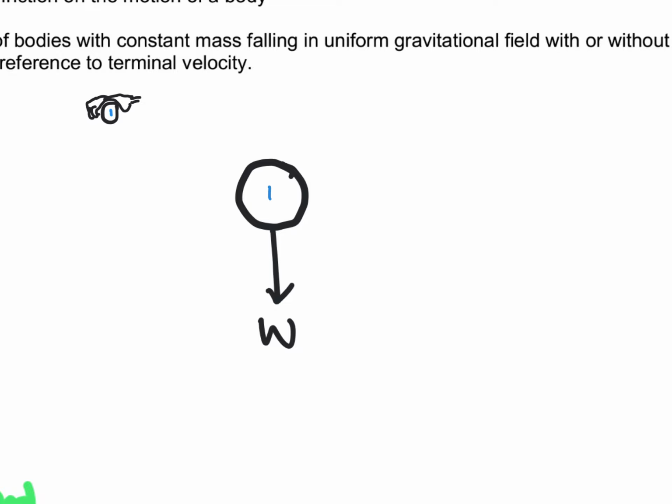So what I do have is that my resultant force is just going to be equal to W, which is my weight. That's my resultant force. And it's going to be moving at 10 meters per second squared. Correct? That's my acceleration, isn't it?